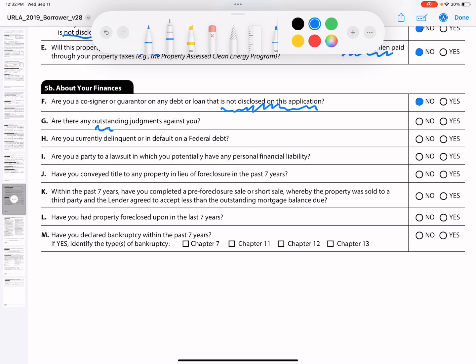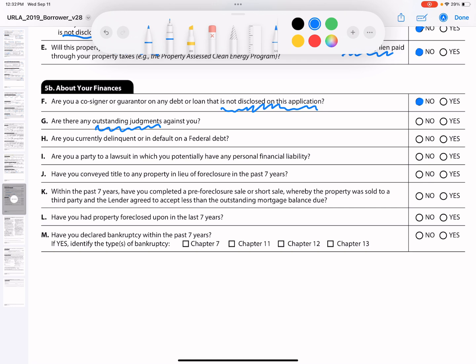Are there any outstanding judgments against you? Again, most judgments appear on your credit. Sometimes they do not, but a lot of times judgments, if they don't appear on your credit, will be discovered throughout the loan process. There are a few different ways this happens. There is a judgment service that lenders subscribe to, and they will go looking for judgments against you.